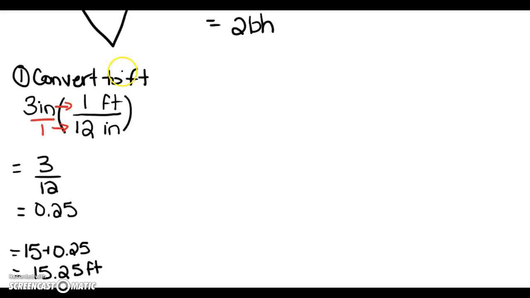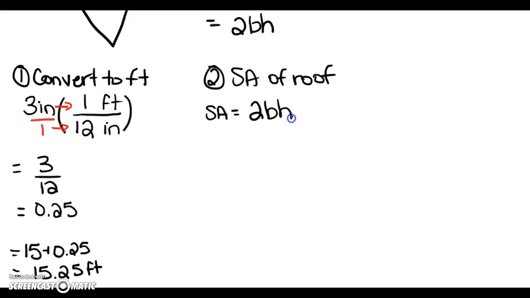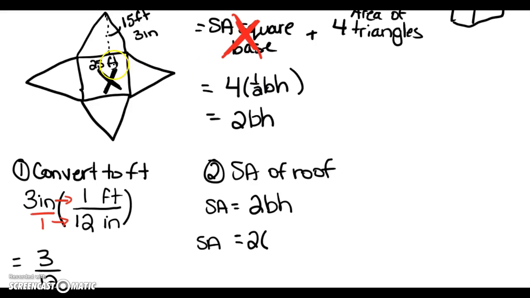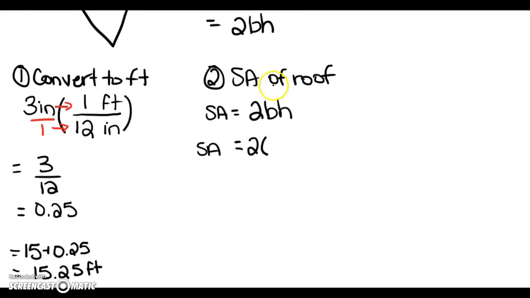Now we can go ahead and find the surface area of that roof. Use your formula. You know that your surface area in this case is 2 times your base times your height. So you have 2 times the base, which you go up to your diagram and know is 25, times your height, which we just calculated was 15.25.